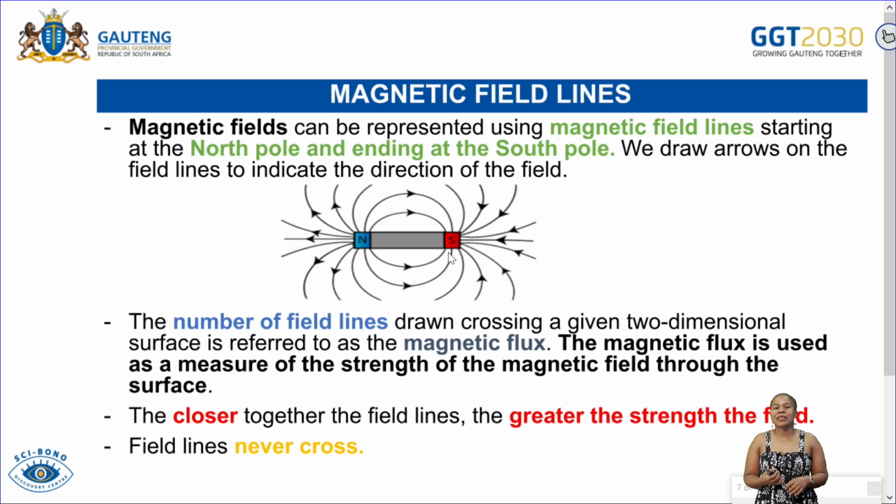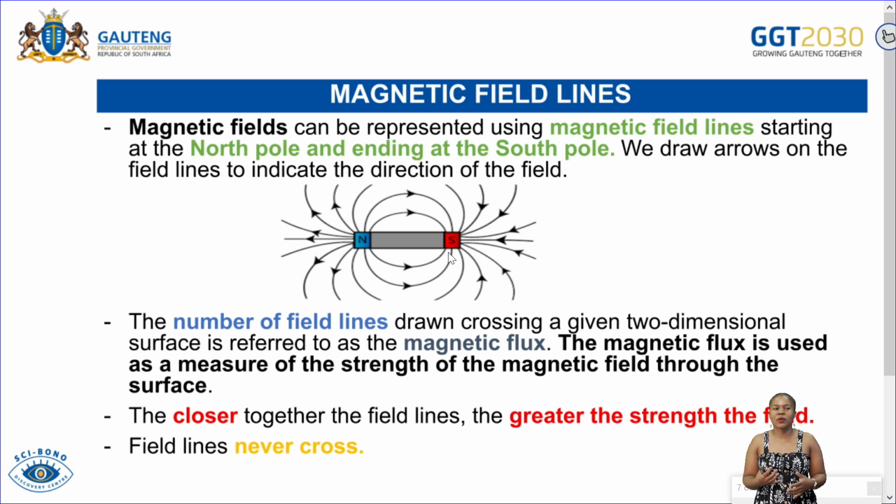So the magnetic flux has a direct relationship with the magnetic field strength. If more field lines are drawn, that means we have a higher strength of the magnetic field. That is why we say there is a directly proportional relationship between the magnetic flux and the magnetic field strength.